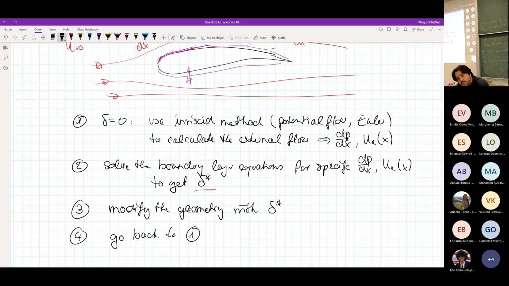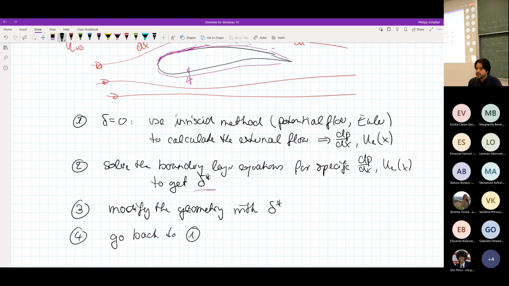Because now we have a new geometry which is modified by the boundary layer thickness. So now we can go back to use an inviscid method to calculate the external flow. We get a pressure gradient, free stream velocity. We calculate the boundary layer thickness, the displacement effect, we modify and go back. And then we just do this iteration up to the point that we have reached a converged state, when there's no change anymore in this update.